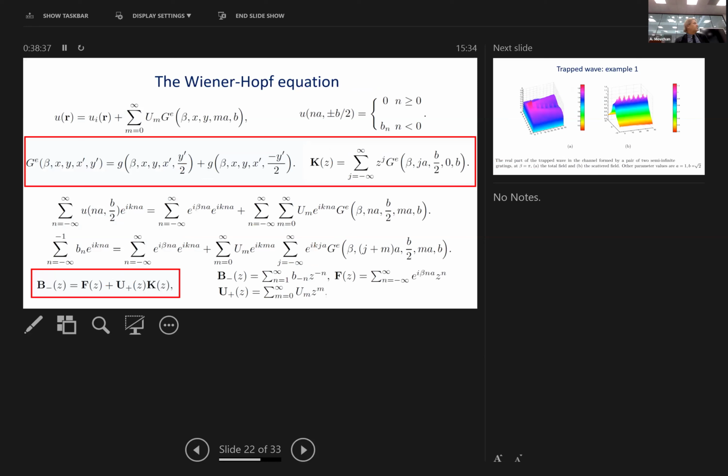Now, as before, here I can take the Z transform. I can arrange the equation in this form, which is my functional equation of the Wiener-Hopf type. And K is my kernel function written here.